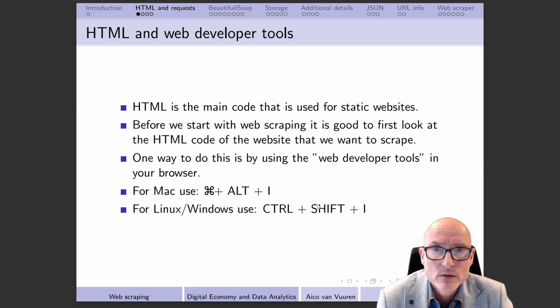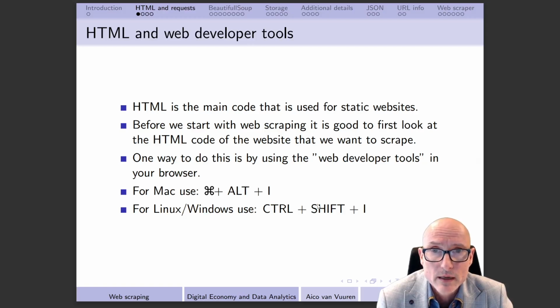But then what we need to do is to investigate that particular website. Apart from just looking at the website itself, how it looks and what kind of information is available on it, another thing that we need to do is to look at the code of that website. You might already know that the main code usually used in a website is HTML.